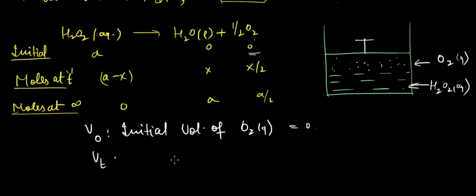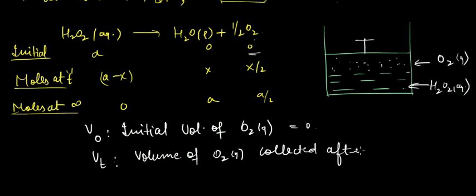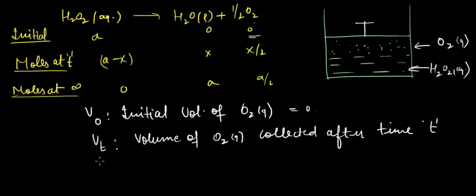Vt would be the volume of oxygen collected after time t, and V infinity would be the volume of oxygen collected after a long time.